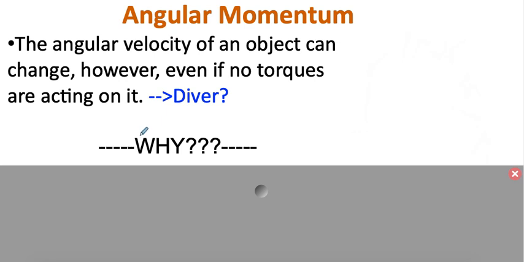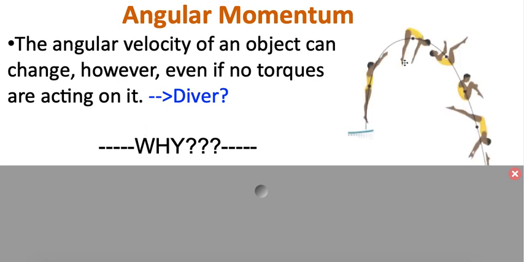All right, well, let's consider a diver. So the center of mass for the diver is right there, and then the diver jumps and starts to curl in a ball. So what is going to change when that diver curls in a ball? Well, think about this. When we jump, we have a mass that's out here and a mass that's out here.